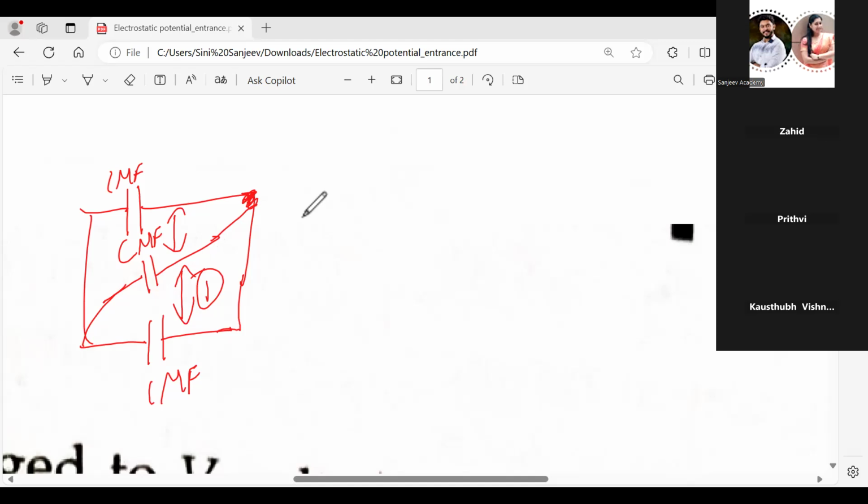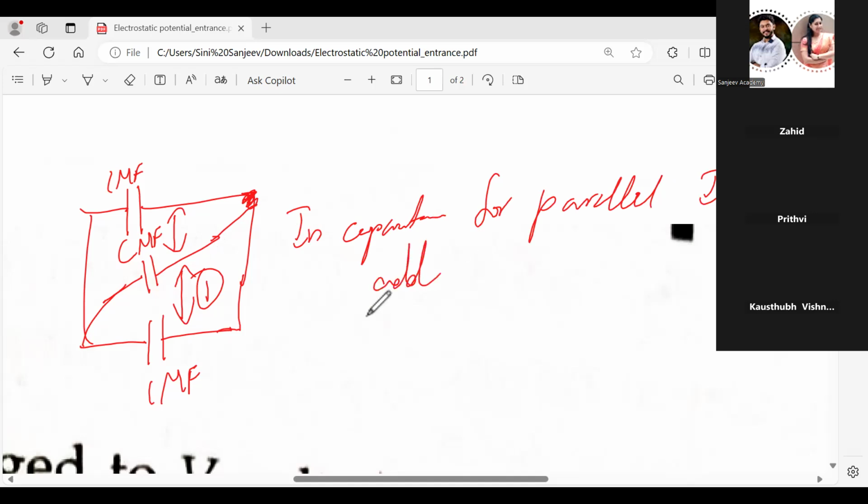I should add. So I'll be getting C plus 1, and that is in parallel with this 1 microfarad.